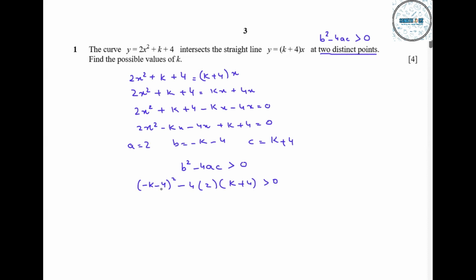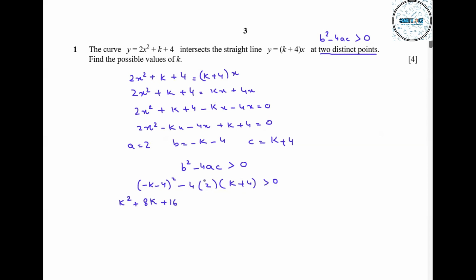So if both the terms are negative, it means that all the terms will be positive when you apply the identity. So this will become k square, plus 2 multiplied by k multiplied by 4 is 8k, 4 square is 16.